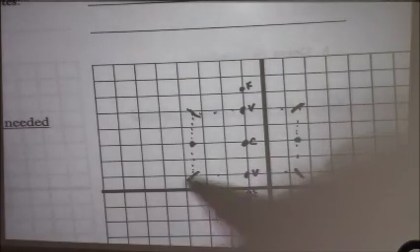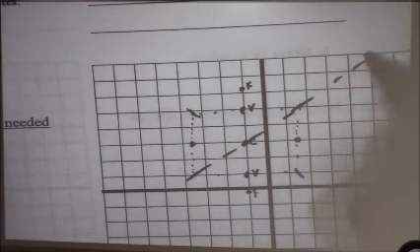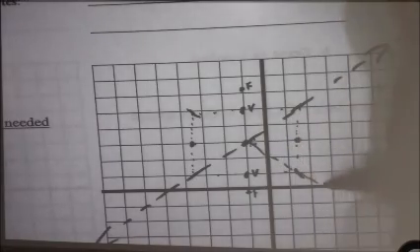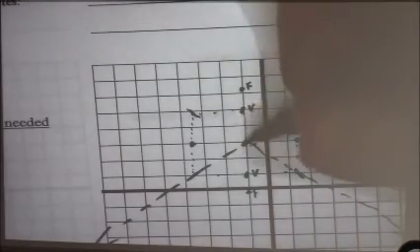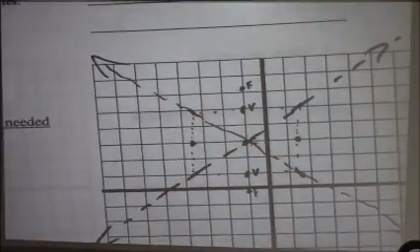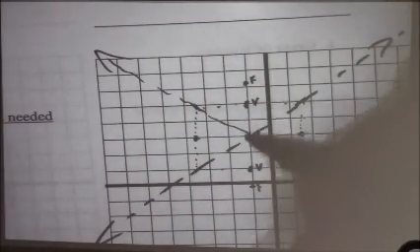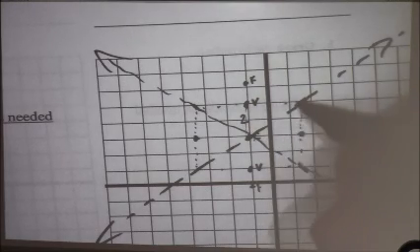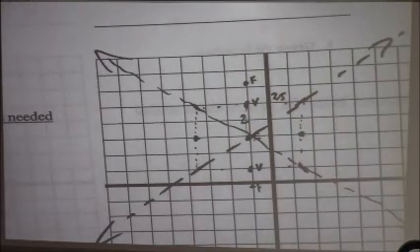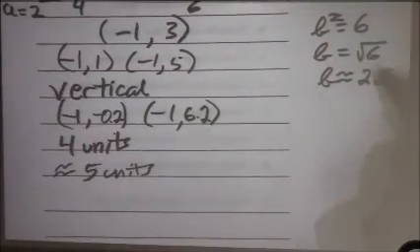So now I'm going to have one line that's going through the center this way, and one line going this way, and one line going this way, and one line going this way. So I have a rise of 2 and a run of about 2.5. Now what I might be better off doing is saying half of square root of 6. But even then I would only get a decimal.